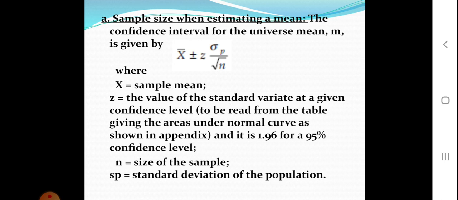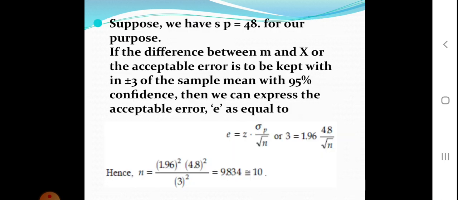Dear students, suppose we have a standard deviation of population of 48.